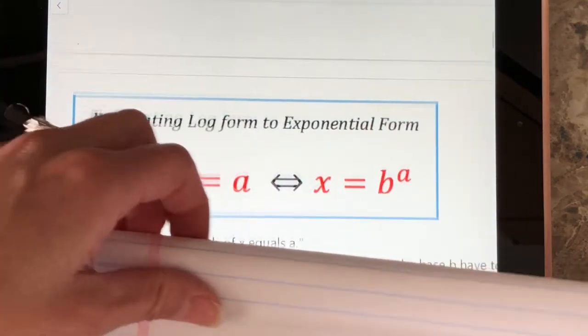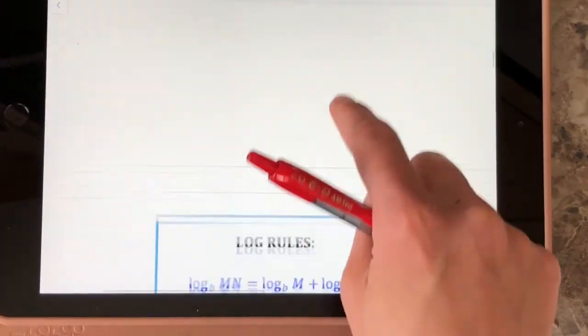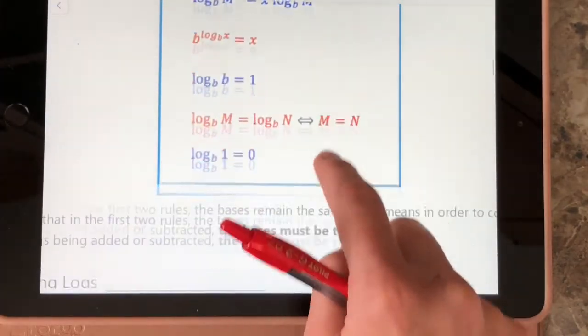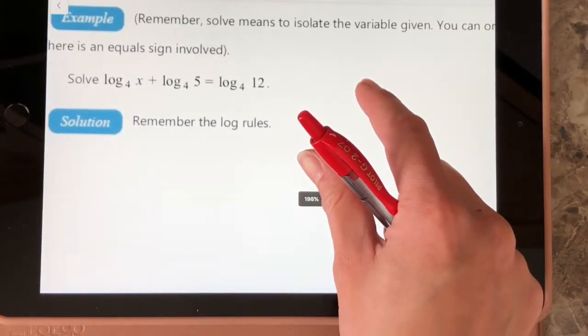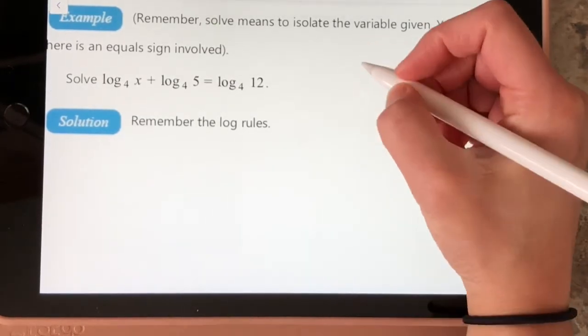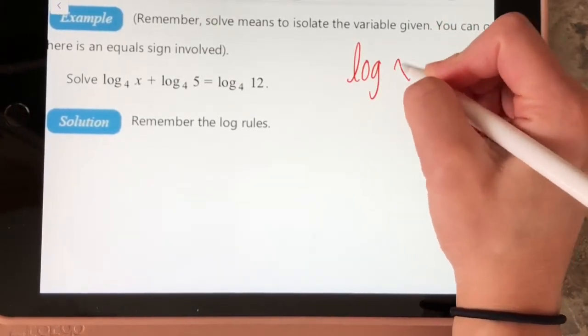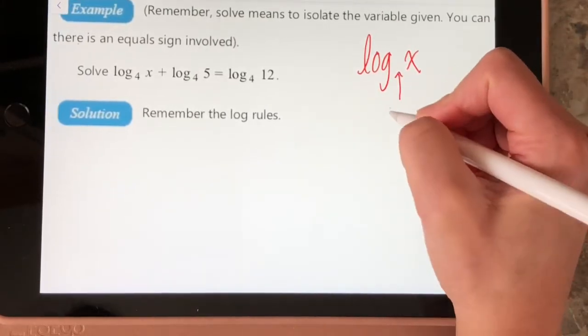All right, so now let's go down and do some of these examples. I've got my log rules here. Also, I want to remind ourselves what happens if there is no base for the log. If you have a log of x and there's no base, what is that base? It's a 10.